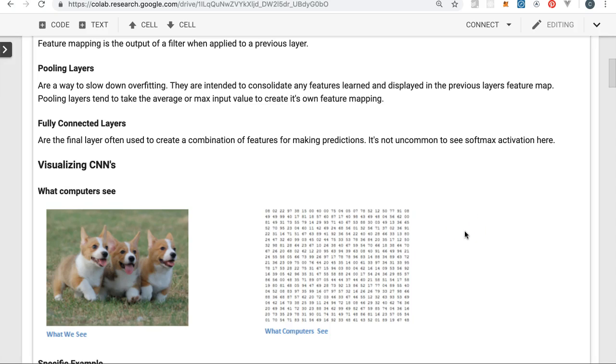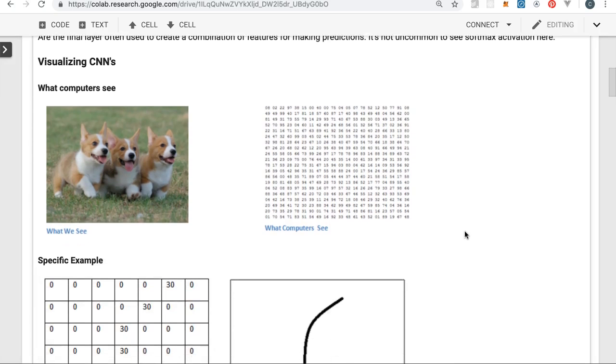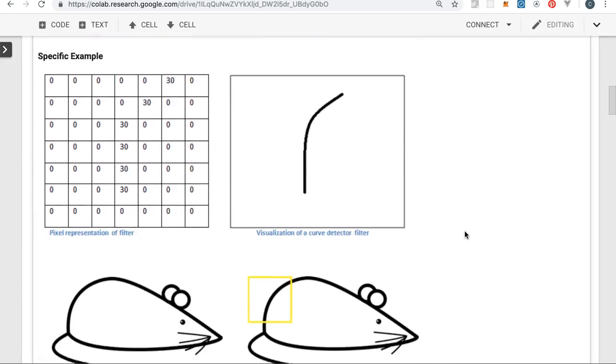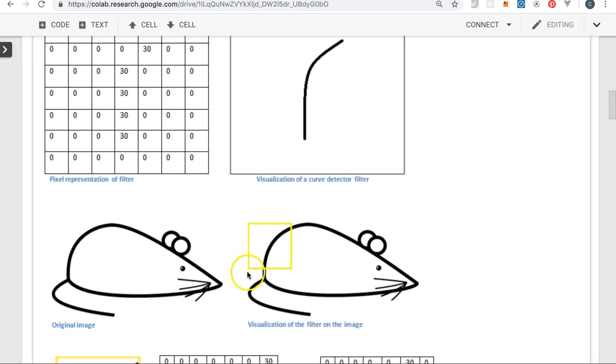It could be vertical lines, horizontal lines, circles, or more advanced things, such as what we would consider an eye or an ear. The nature of deep learning allows the CNNs to scan through these things and do a bunch of multiplication.